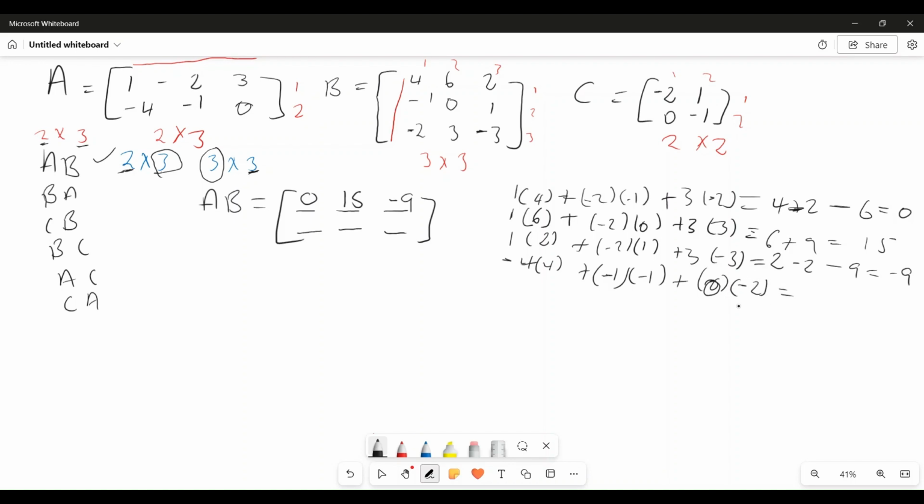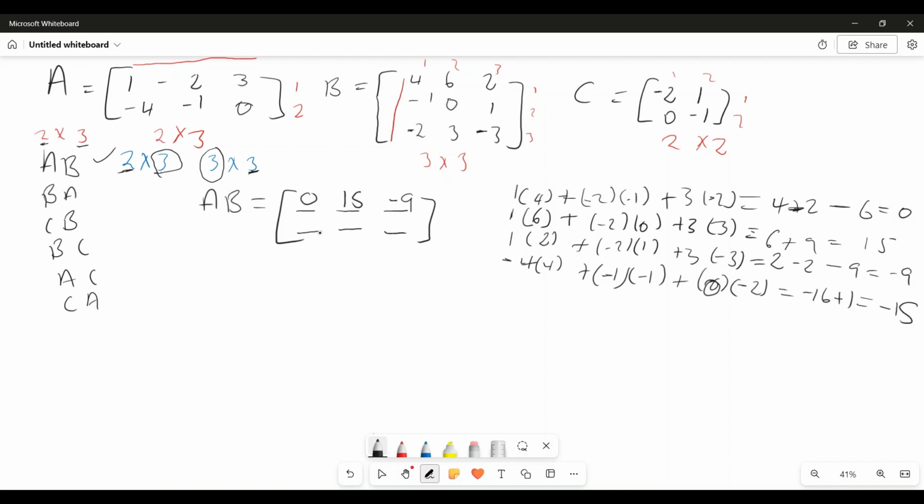That is going to simplify to minus 4 multiplied by 4, which gives us minus 16. Minus 16 plus 1, since minus 1 by minus 1 gives us 1, and this will just fall away.